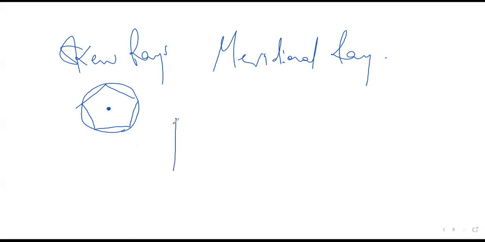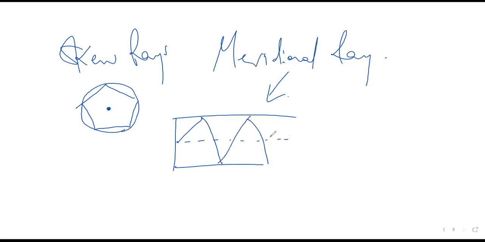It is very difficult to explain. But meridional rays cross the axis. When I draw the cross-sectional view, I put an axis. For meridional rays, they cross the axis, but skew rays don't pass through that axis.